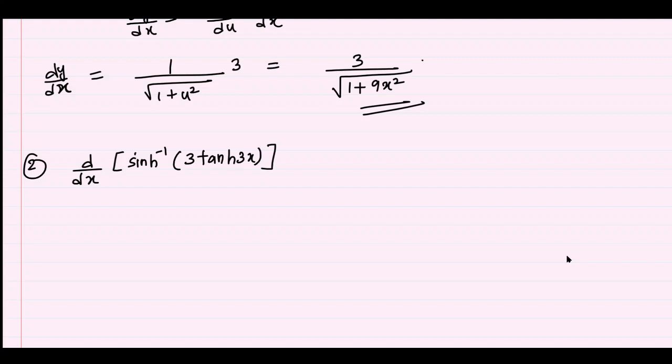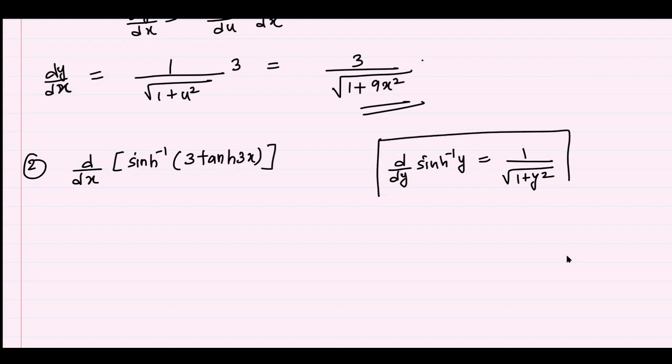Using the formula we just proved, d by dy of sinh inverse of y equals 1 by root of 1 plus y square, instead of y you have 3 tanh 3x.